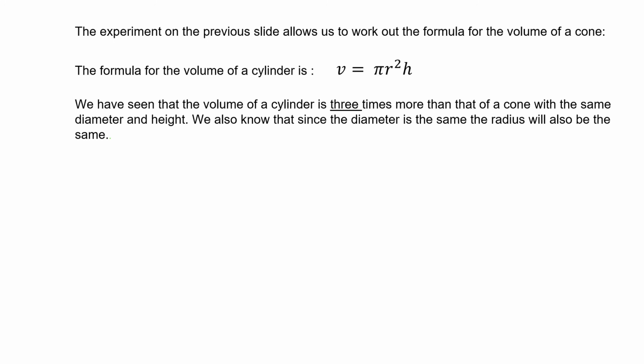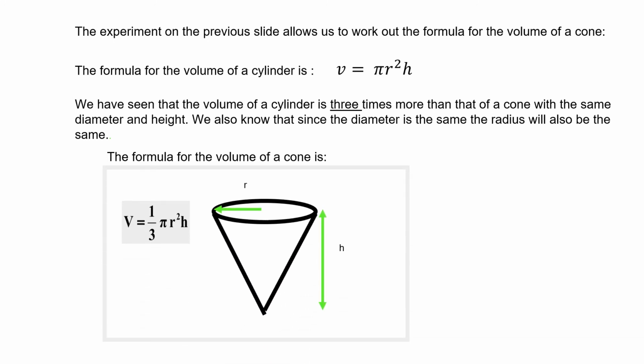We also know that since the diameter is the same, the radius will also be the same. So therefore, the formula for the volume of a cone gives us 1/3 multiplied by pi multiplied by r squared multiplied by h. And here we have 1/3 pi r squared h, where r is our radius and h is our perpendicular height.